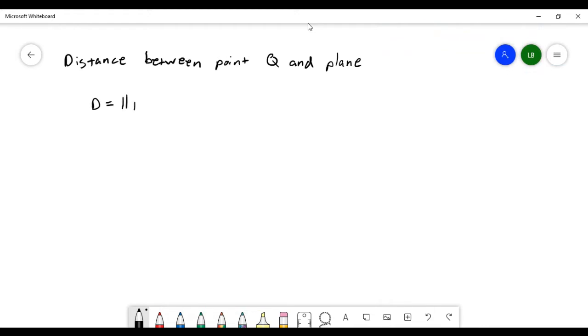The distance d is the magnitude of the projection of the normal vector onto this vector PQ, where point P is just a point on the plane. And this N is the normal vector of the plane.